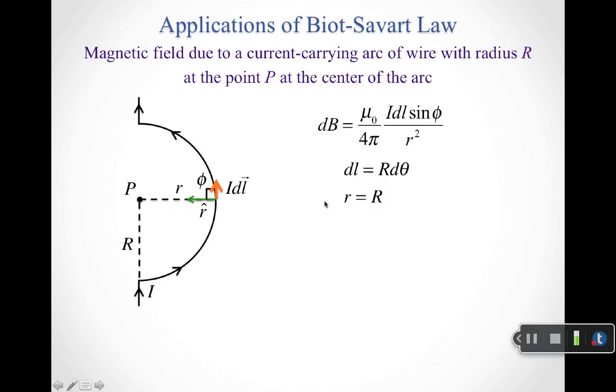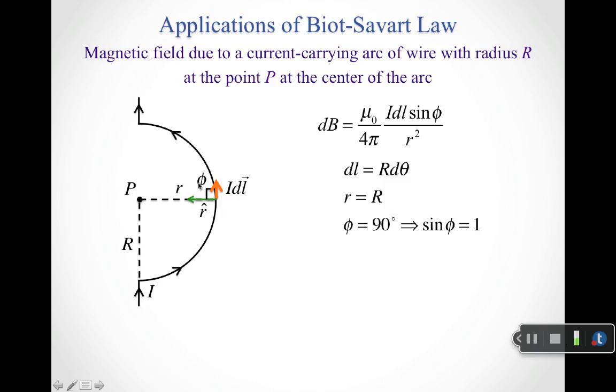Sine phi, well, let's do r first. Again, r is just the distance from your current carrying element to the point P, and at any point you picked along this circular arc, that was always going to be the radius. And then sine phi, well, we've said that in this case, phi happens to be 90 degrees.